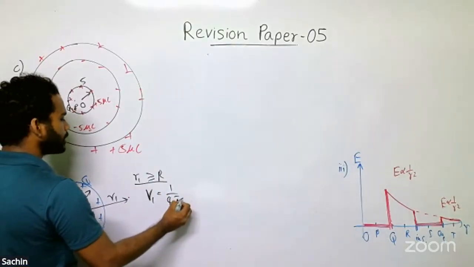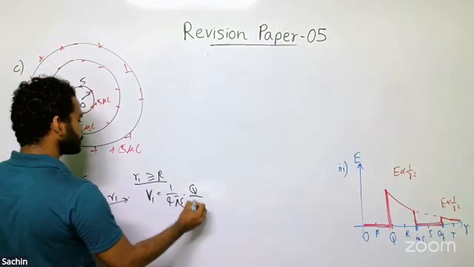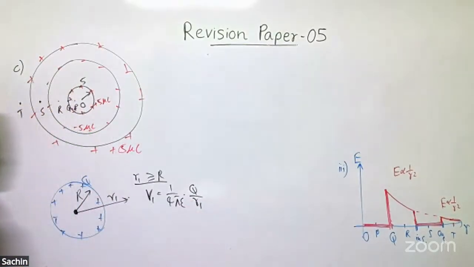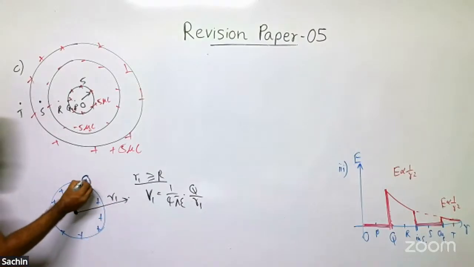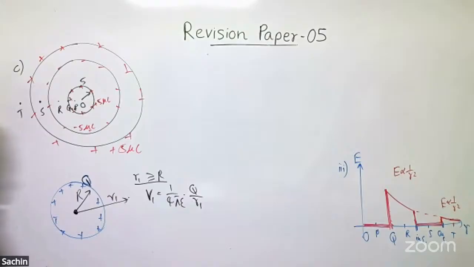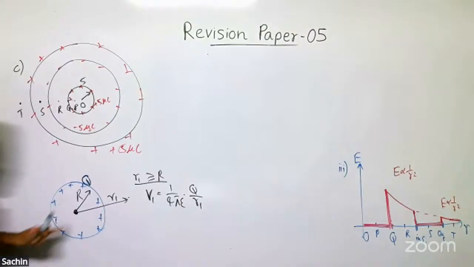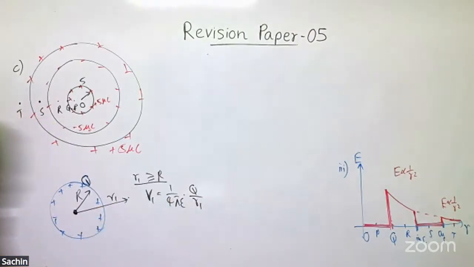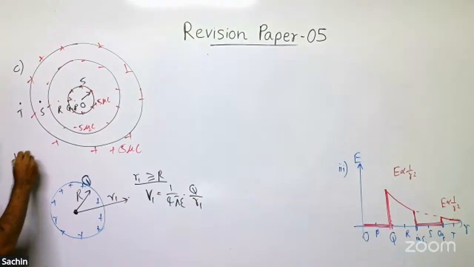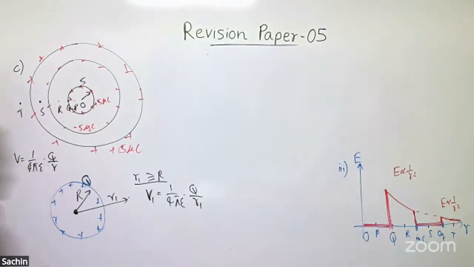So you can use the same formula as for point charges. The formula for the electric potential is 1 over 4 pi epsilon times q over r.